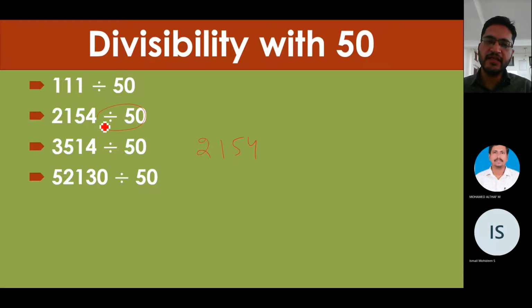And here again we have to divide this number with 50. So I will multiply this number with 2. It is 4308. Now I will divide this number with 100. It is 43.08.